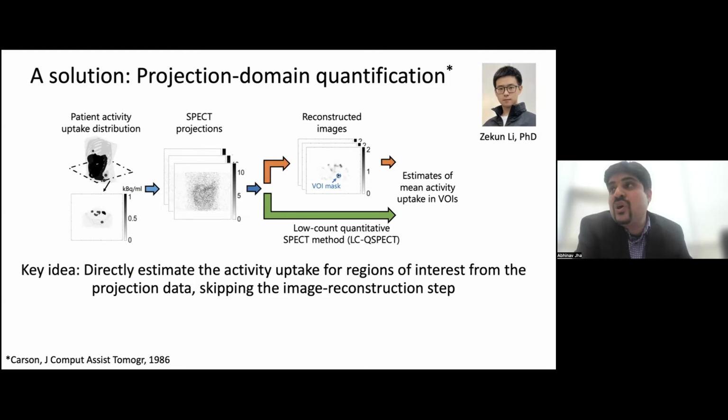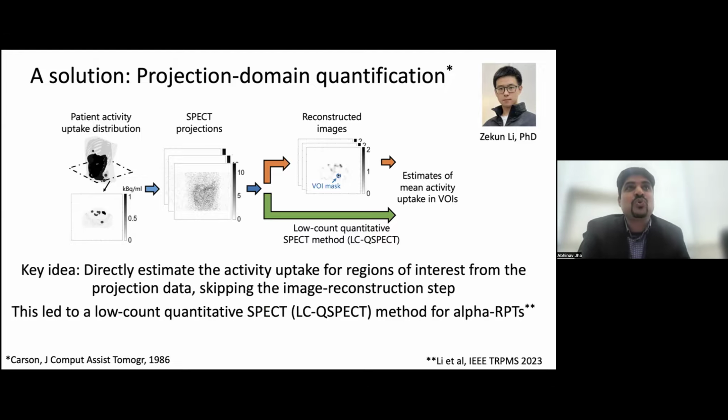And with those organs of interest, we can then define VOIs. What we can do is, instead of reconstructing activity at a voxel level, we can reconstruct activity at a volume of interest level. So let me just go through that math a little bit. This approach led to a low count quantitative SPECT method, which we call the LCQ SPECT method for alpha RPTs.